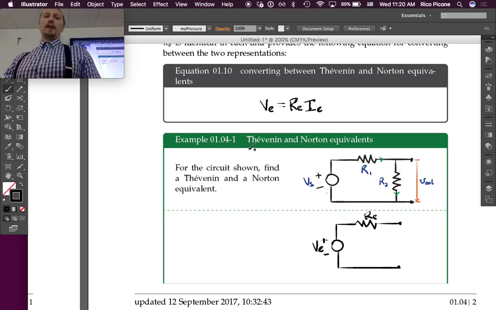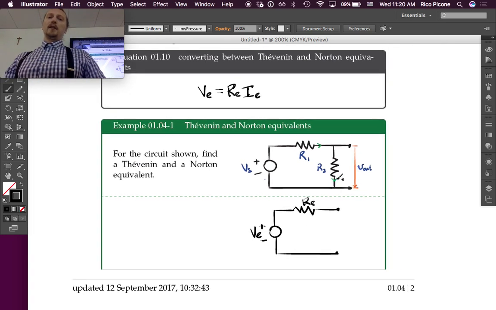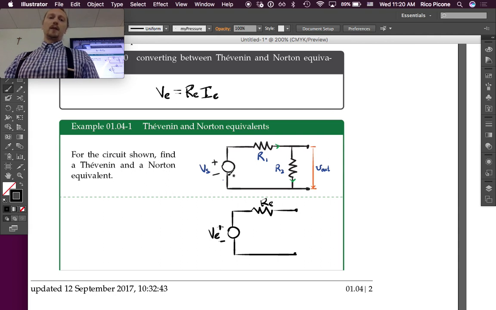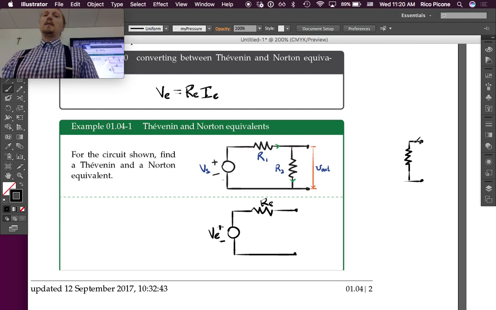So I'll just do a little sketch over here. If we get rid of this guy, essentially we're shorting it out, right? So if I was to redraw this circuit, here's still our R2, and this is still our output. Notice that it really matters where the output is defined, right?